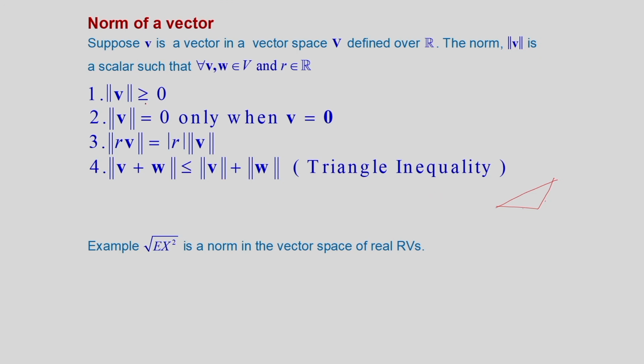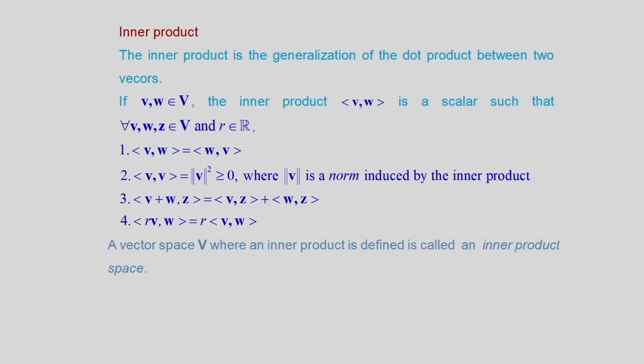So, any measure that satisfies these four properties qualifies to be a norm. For example, in the vector space of random variables, the square root of E[X^2] is a norm. Similarly, E[|X|] is also a norm. Since it is a random variable, to define the norm we take the help of the expectation operation, because this expectation operation will convert it into a scalar. So, we have defined norm.